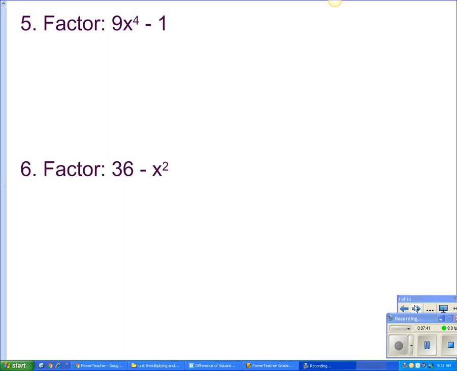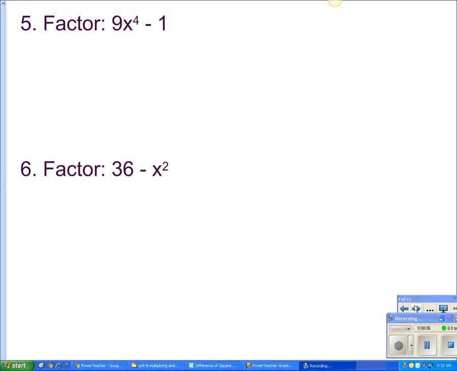All right. Number 5, 9x to the 4th minus 1. All right, Daniel, how many parts does it have?